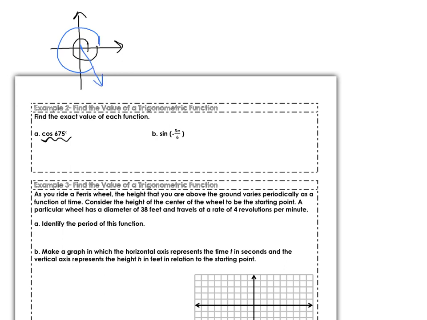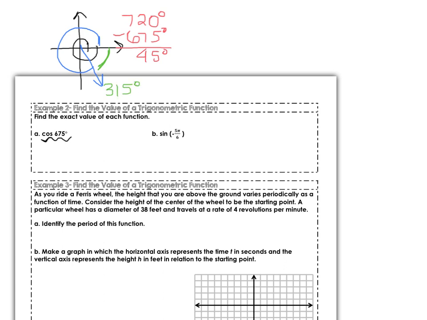So one of the things you can do is figure out how far away 675 is from 720, which would be 2 full rotations around the circle. 720 minus 675 gets me a difference of 45 degrees. So what I'm really looking at in this quadrant is my 45 buddy, which is going to be 315 degrees.